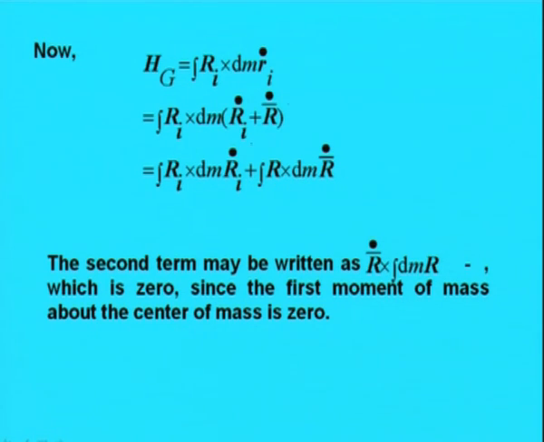The second term becomes 0, because it may be written as r cross dm r with a minus sign, which is 0, since the first moment of mass about the center of mass is 0.